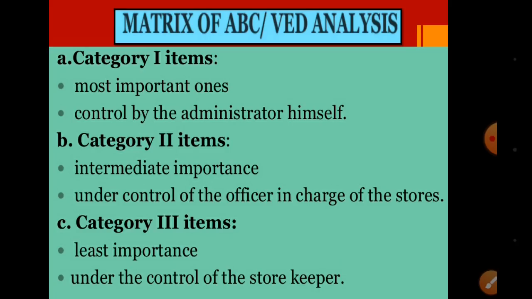Category 2 items have intermediate importance and are under the control of the officer in charge of the stores. And category 3 items have the least importance and are under the control of the storekeeper.